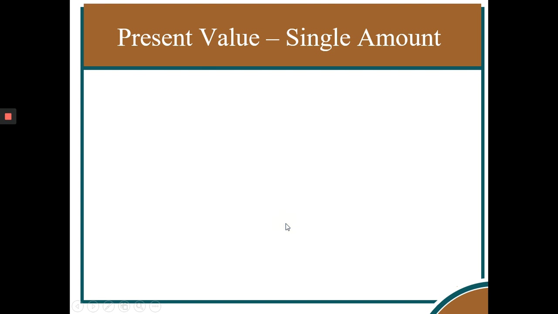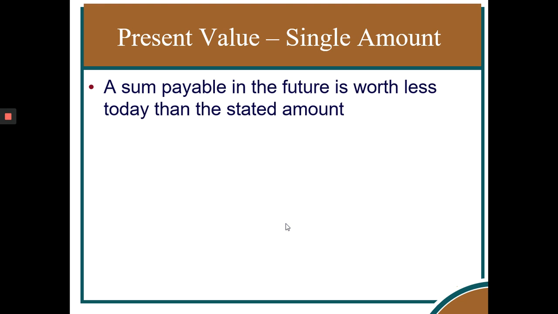Okay, since we have learned about future value, let's look at present value. Present value, single amount: a sum payable in the future is worth less today than the stated amount. So if I say I'll be giving you 1,000 in 5 years' time, is it the same value as if I give you 1,000 today?